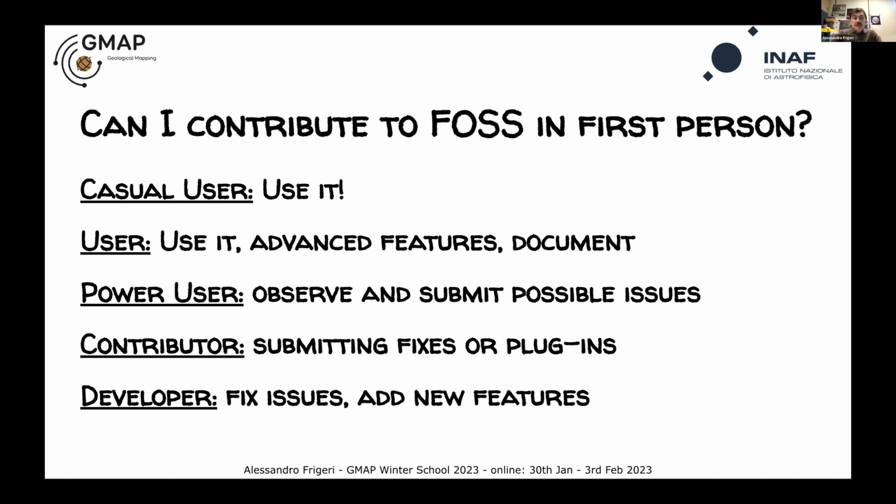So, for example, a contributor is submitting bug fixes or issues or developing plugins. For example, in the school, we are using Mappy, which is a plugin of QGIS, and it has been developed by Luca Penasa, and so he is a contributor to the QGIS project.